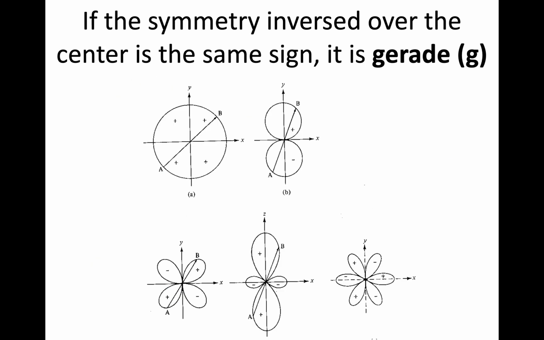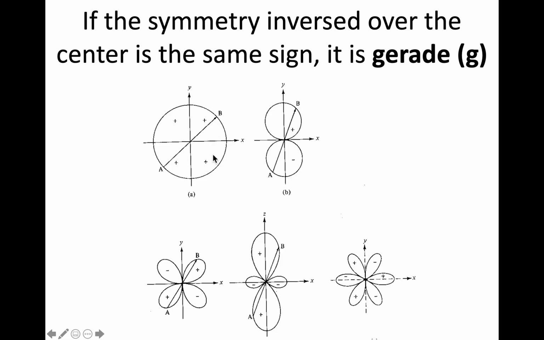All right, and I want to make a note here about symmetry and the sign of the Schrodinger wave equation. So this shows some various orbitals, and here we're just showing the two-dimensional representation of it. So this is an s orbital where we have a sphere, and the sign of the Schrodinger wave equation is positive throughout.